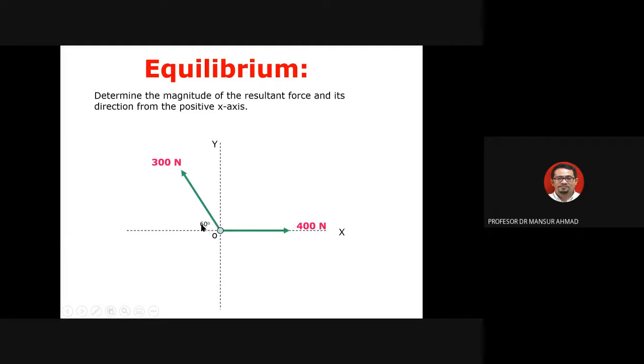So I'm going to resolve, pecahkan, part CY into X and Y axis. If you refer to the previous slide, which I did not cover, you need to take a look at it. This is how I resolve it.